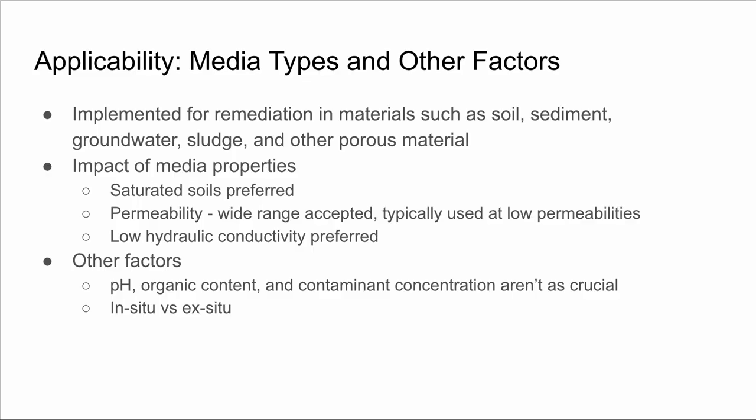So the initial pH of the site isn't very important, but the way that pH becomes an issue with this type of remediation is the pH gradient that's created over the course of the remediation. And then the organic content and contaminant concentration aren't very crucial either. This type of remediation tends to work very well for a wide range of contaminant concentrations and is quite effective. So that's not as important as the media type or the contaminant type.